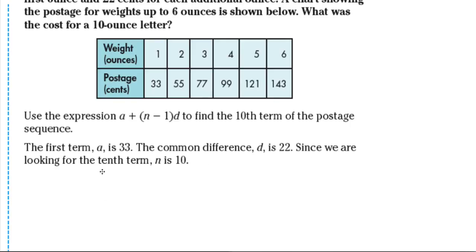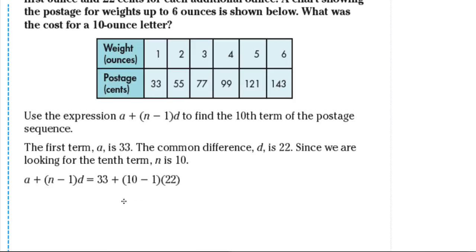Since we are looking for the 10th term, n is equal to 10. Let's substitute these values into our formula. We now end up with 33 plus 10 minus 1 times 22.